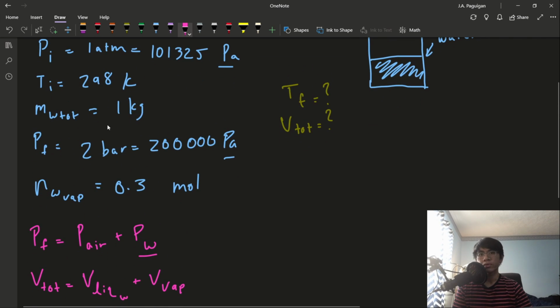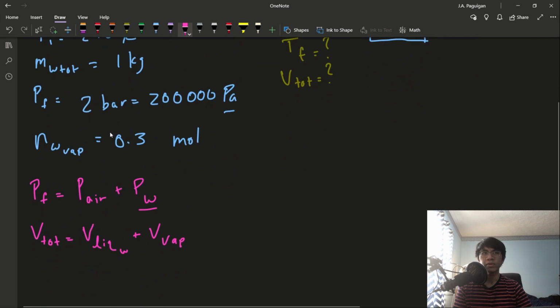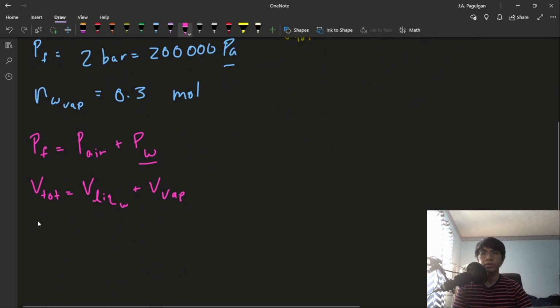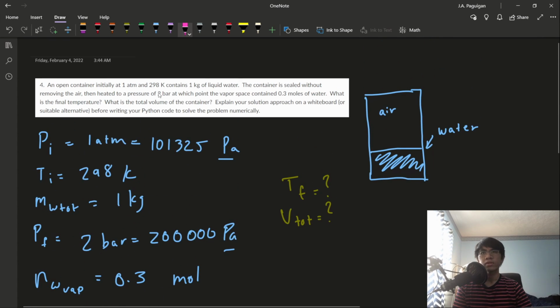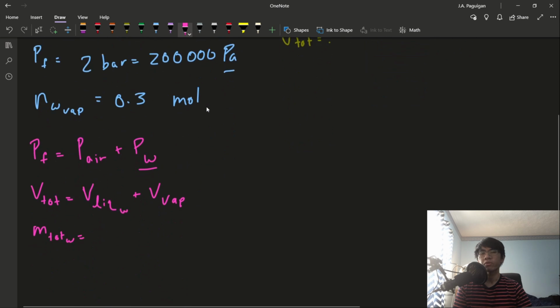Okay, we have our water total. And you remember that with the water total, we will have water vapor and liquid water. So there is just water at the start. At least in the problem, it says that there's an open container with 1 kilogram of liquid water.